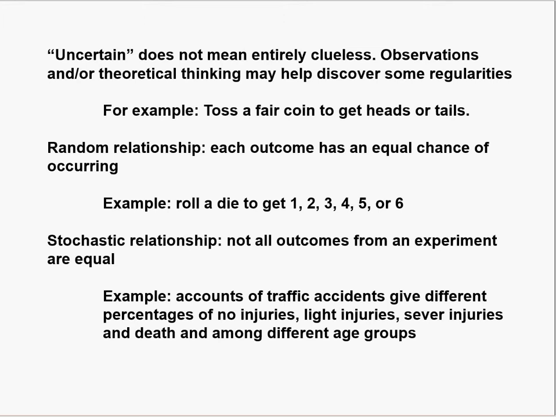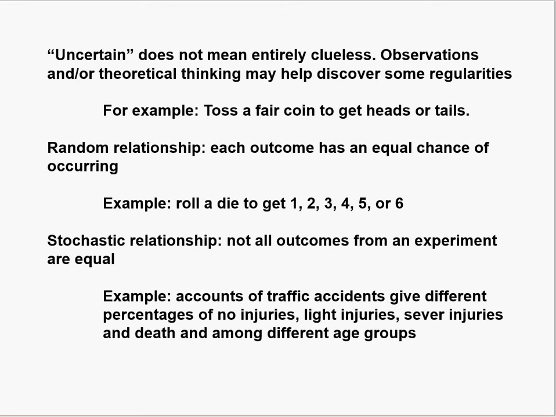People at different age groups will have very different probabilities of getting injured and getting killed. Young people, especially teenagers, are known to have a higher probability of being involved in a car accident or even being killed. And men probably are more likely to be killed than women in a car accident.